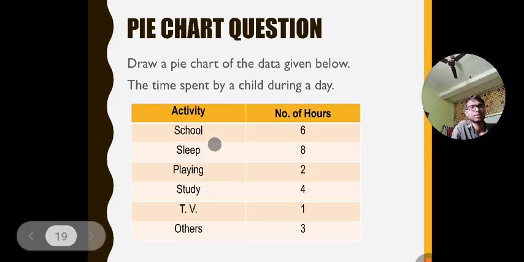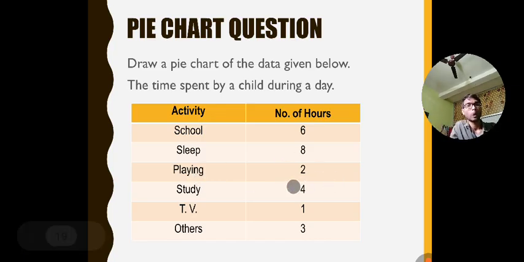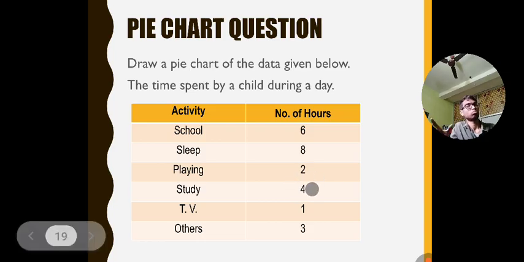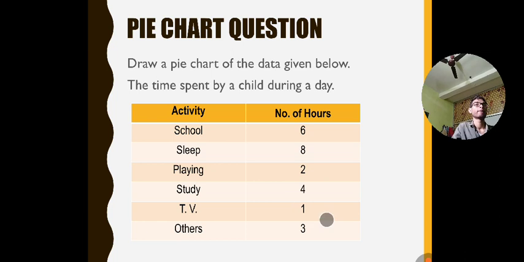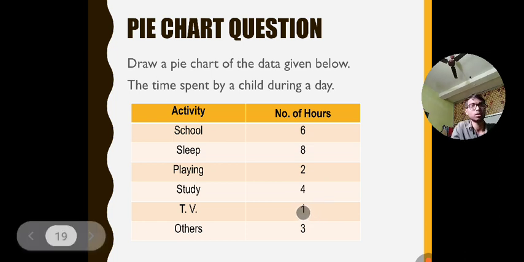A child spent 6 hours in school, 8 hours sleeping, 2 hours playing, 4 hours studying, and this much time watching TV, and this much in other activities. So this is the question.